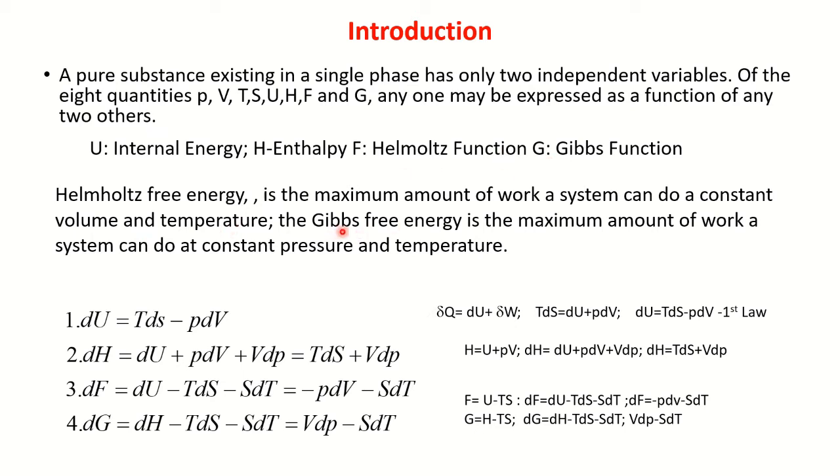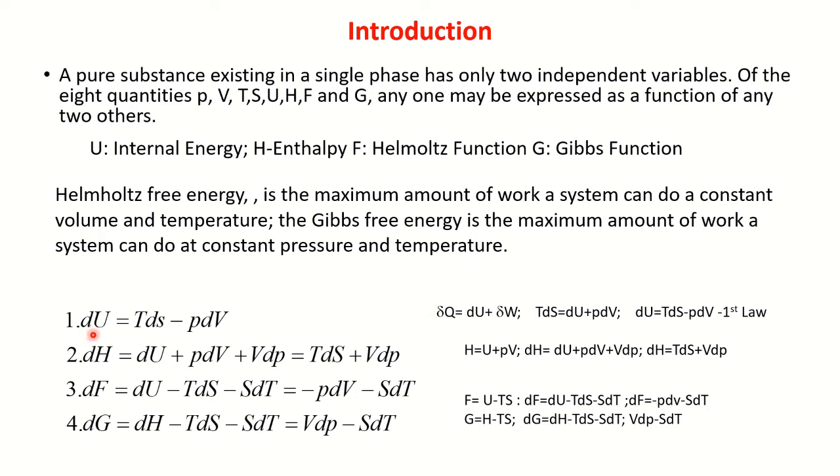And the Gibbs function is the maximum amount of work a system can do at constant pressure and temperature. I have discussed this under the availability function for a closed system and for a steady flow system. So let us review these equations.